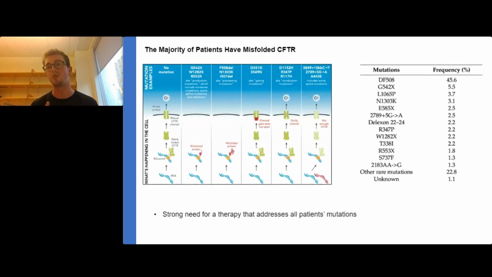But the distribution of mutations that cause it spans almost the entire CFTR gene. And so this is a case where it may be particularly attractive to replace a non-functional gene and effectively address a whole range of patients with the same therapeutic, rather than trying to focus on a base editing or similar strategy that may work for a subset of the patient population, but not everybody.